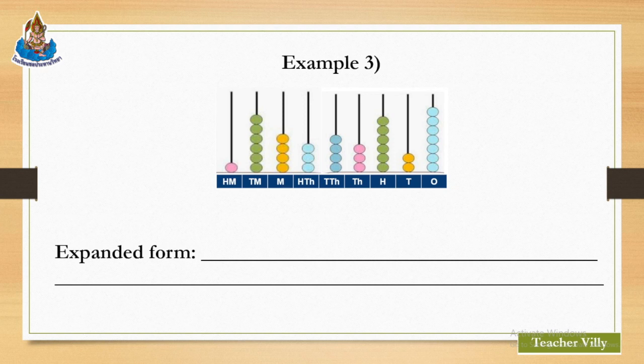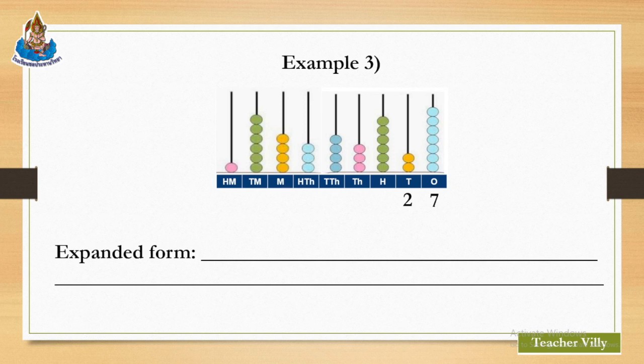What is the number in the ones place? 7. There are 7 bits in the ones place. What about in the tens place? Right, there are 2 bits.